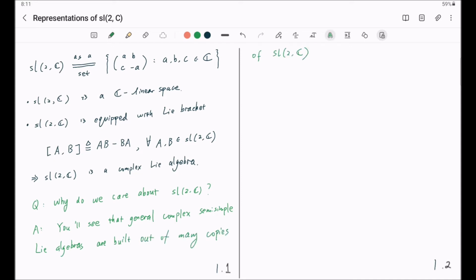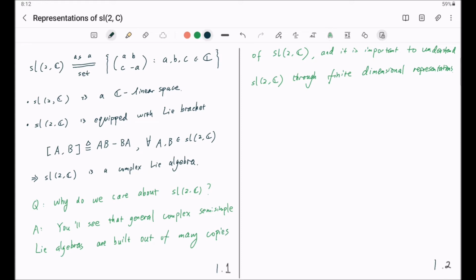And it is important to understand SL2C through the finite dimensional representations. So this is a brief reason why we care about this.